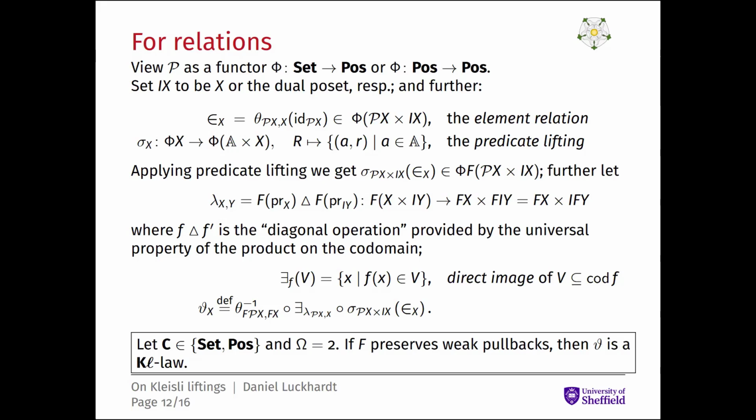And we can define a predicate lifting, that is adding the set A. And then also the direct image operation, and with that we can plug all that together and write down the theta that we need. Then we can in general prove that if this functor f, that is now just some endofunctor, preserves weak pullbacks, then theta is a Kleisli law. And this works in both cases, Set and POS.